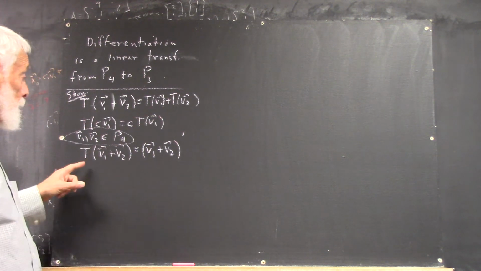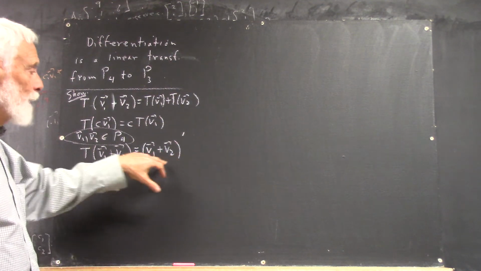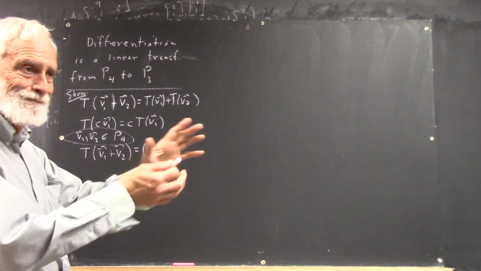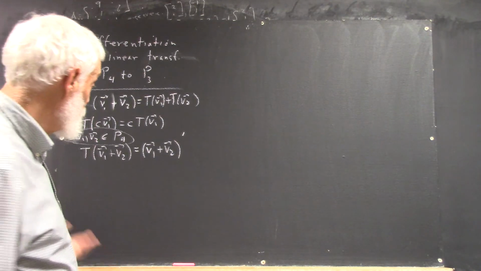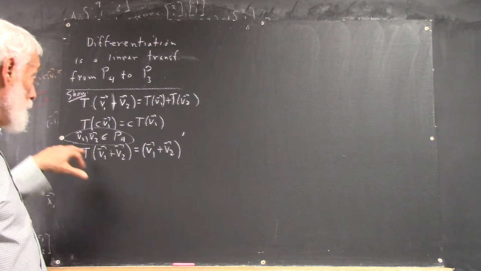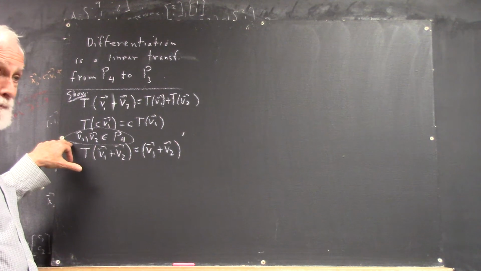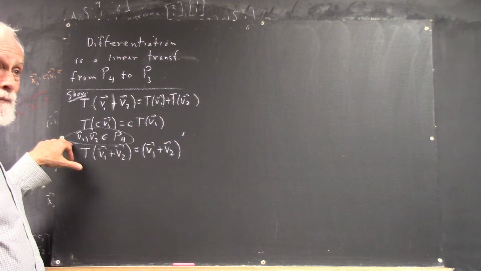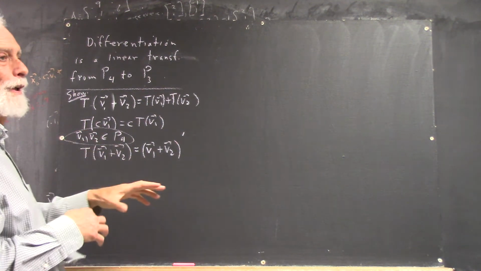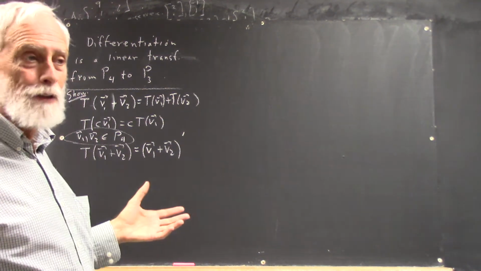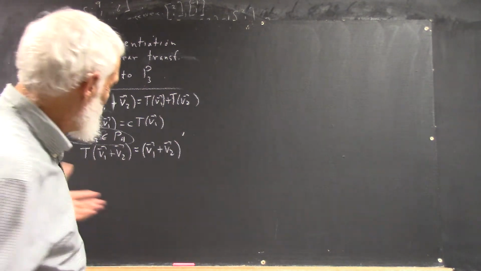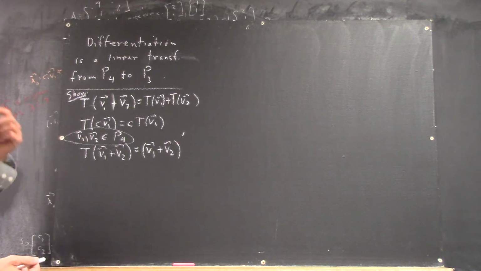So when you see a V with an arrow over it, you think of arrows in 4-dimensional space, 3-dimensional space, whatever. That's not what these are. These are polynomials. It turns out that this space is isomorphic to R5, but we don't know what isomorphic means yet, so I can't use that.